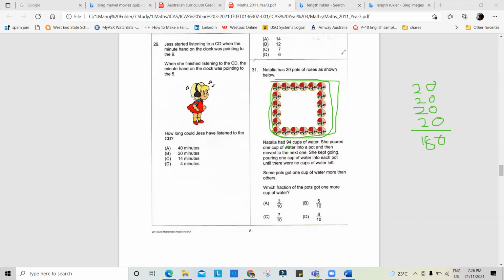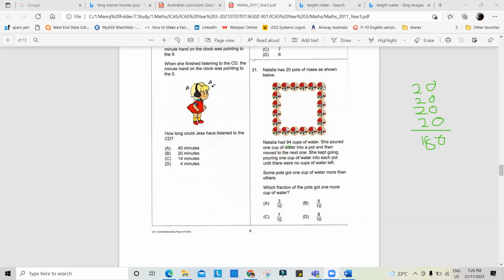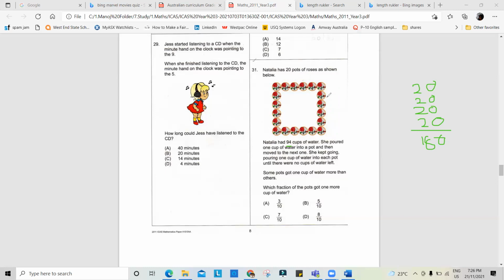That means we are going to do it another round. Another round we start from here and we mark 14 cups. 1, 2, 3, 4, 5, 6, 7, 8, 9, 10, 11, 12, 13, 14.